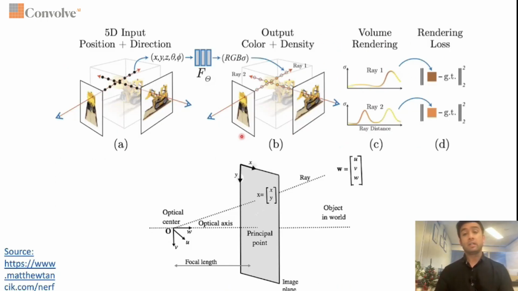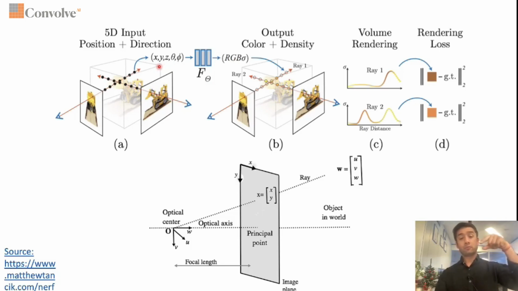Once we go forward, we'll see the input into the neural network. This network here is represented as a NeRF. The input is position XYZ. Think of it as a 3D location in space.